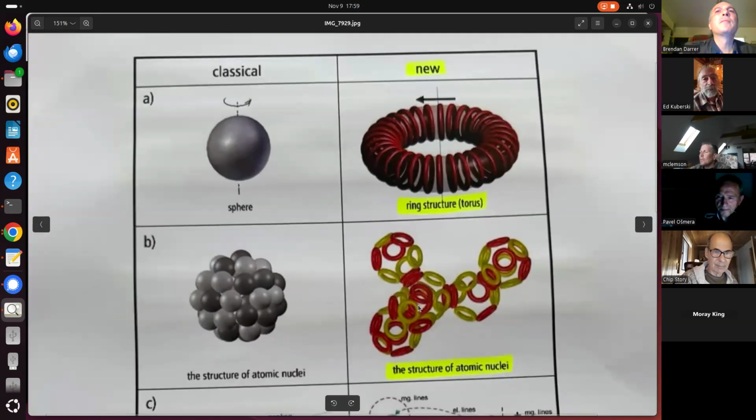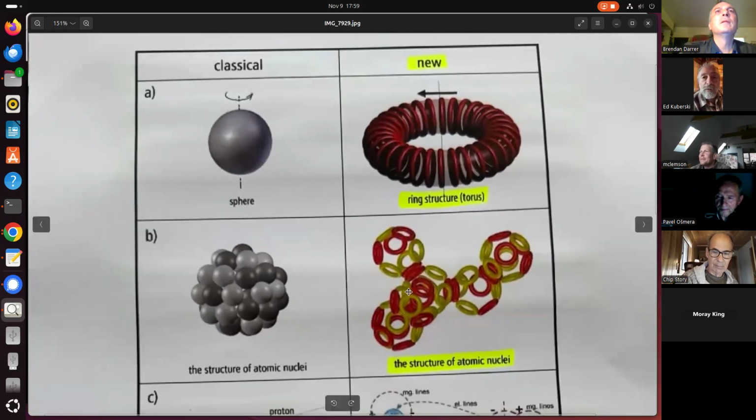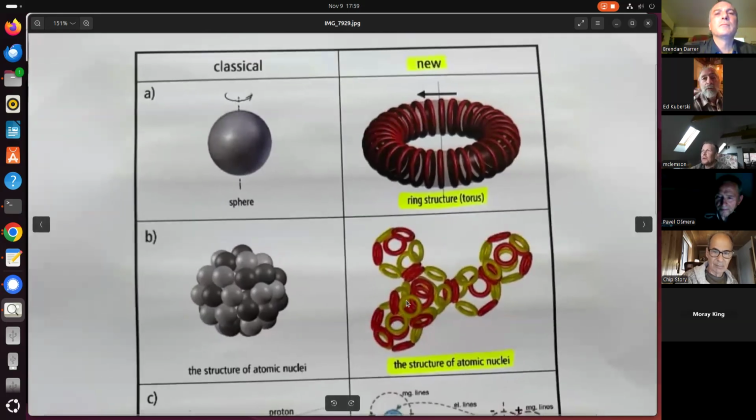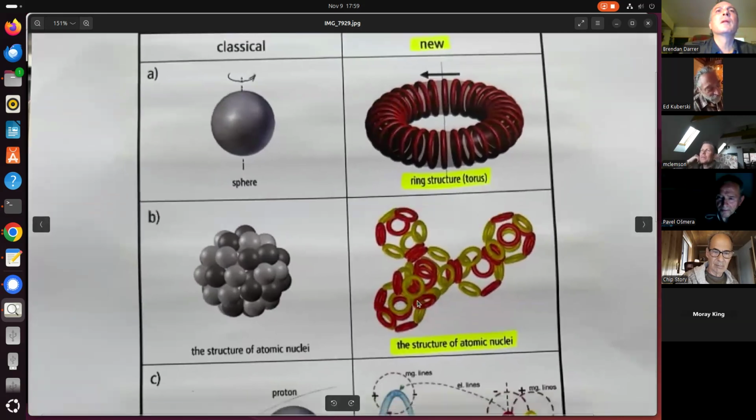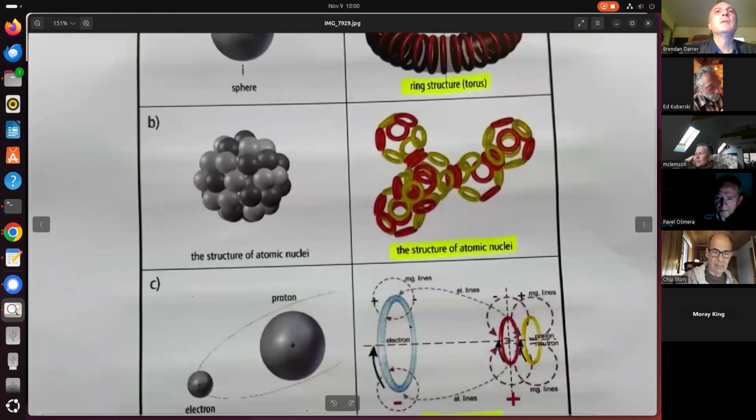Who else does this? I'm drawing blanks, but Bob Grenier. Yeah, exactly, Bob Grenier. So here we have the sphere, but Pavel is saying no, it's this ring structure. So we have classical versus the new theory. In B, we have the structure of atomic nuclei. Again, this is Pavel's structures.